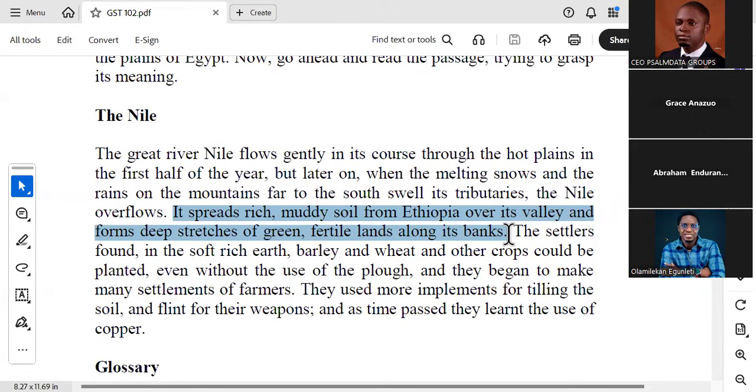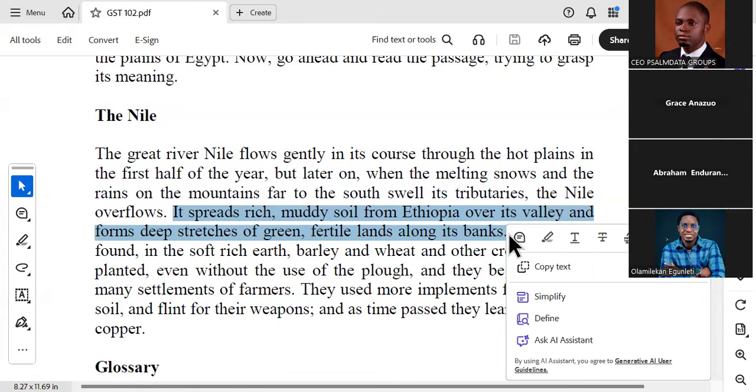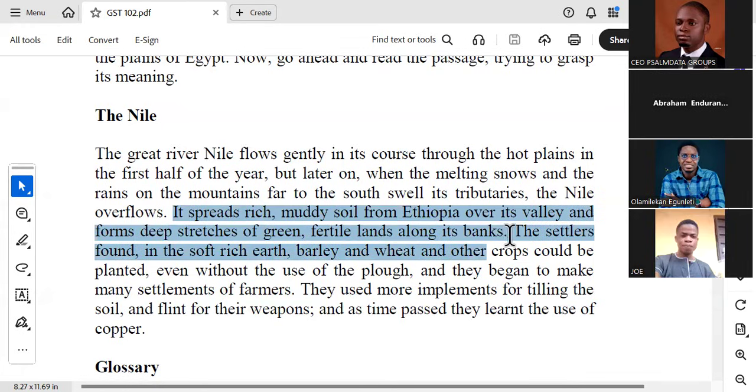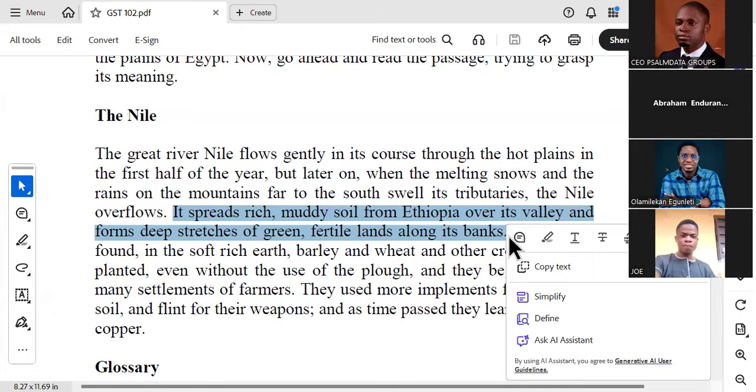Yes, you have to do it yourself. What should we remove? Molding. Okay, is where rich soil from. Rich is spread multi soil in Ethiopia. If you remove molding, what will it become?